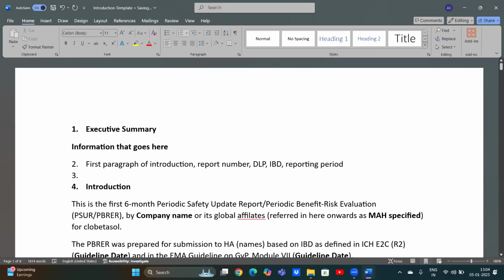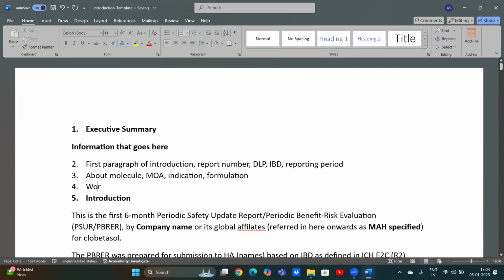Then you will write about the molecule, mechanism of action. And then formulation, indication, all these things you will write just in short.